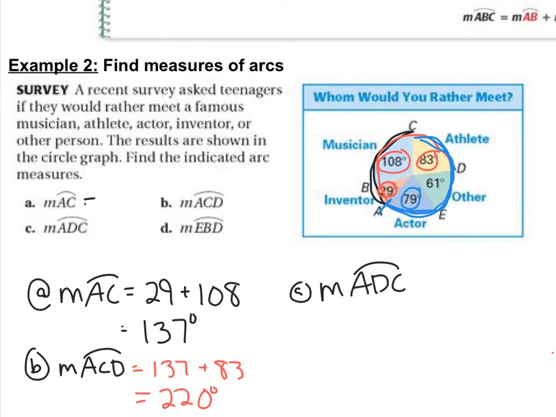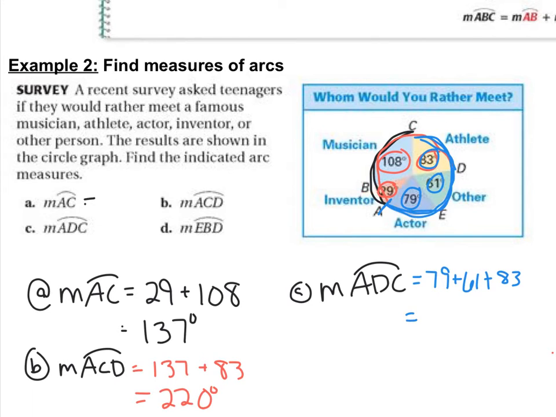One is to add these 3 together, which is fine. You could do 79 plus 61 plus 83. The other way is to say, okay, I figured out this black part here, ABC. I got that done. This is just the other part of it, so I could do 360 minus whatever I got here. Either way is fine. You'll get the same answer either way.